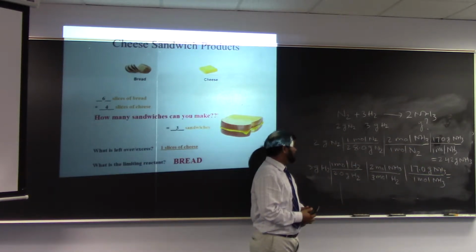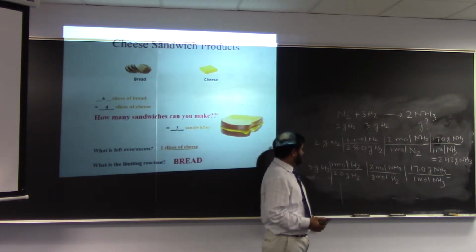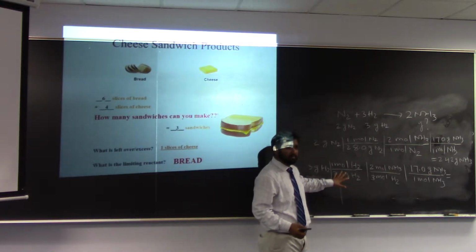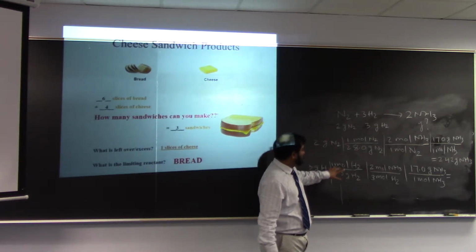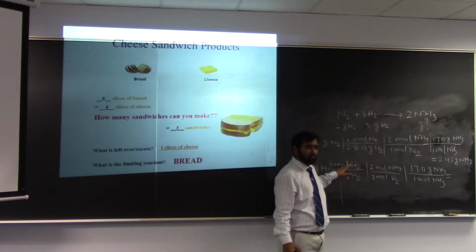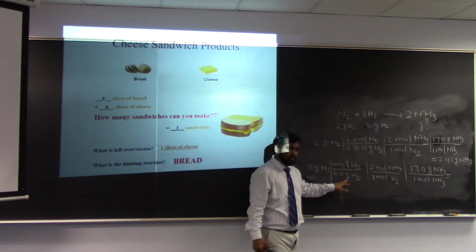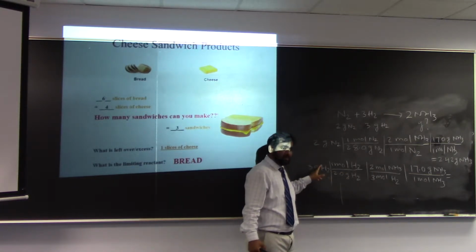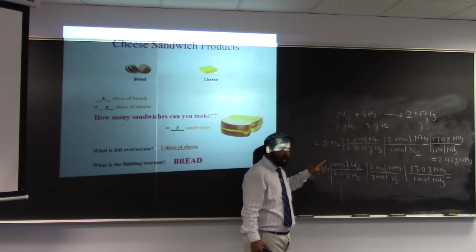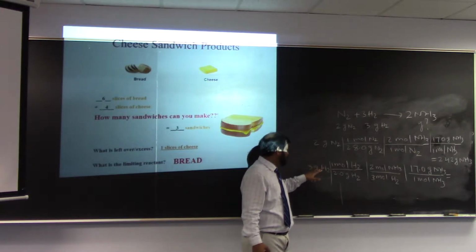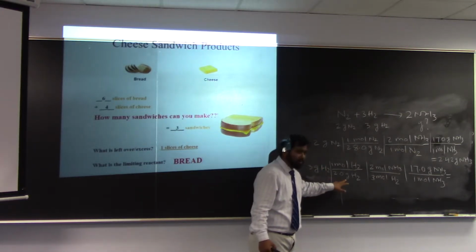So just as a reminder, how do you know which one will be on top? Depends on what you're calculating to. What is going to be the bottom? Look at how you calculated with the previous one. To cancel out with the gram, put gram here.